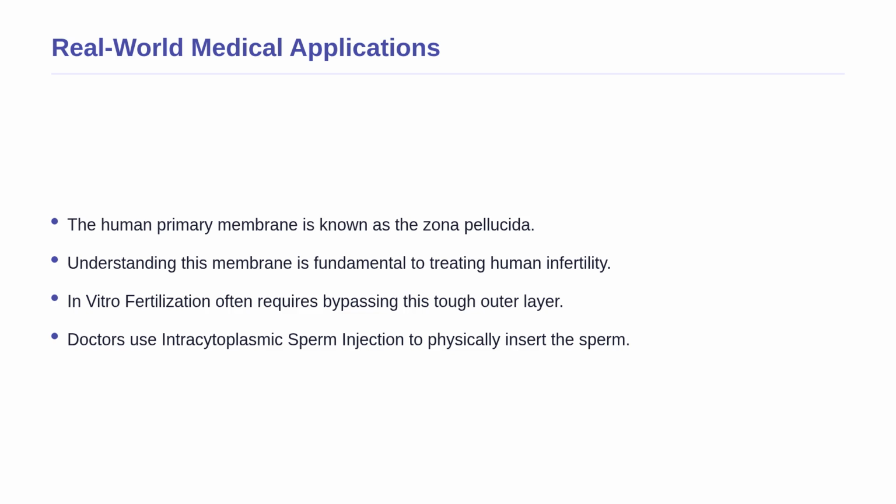To solve this, medical professionals use a remarkable technique called intracytoplasmic sperm injection, or ICSI. Using a microscopic needle, they physically bypass the zona pellucida to deliver a single sperm directly into the egg. This shows how mastering developmental biology directly translates into life-changing medical technologies.